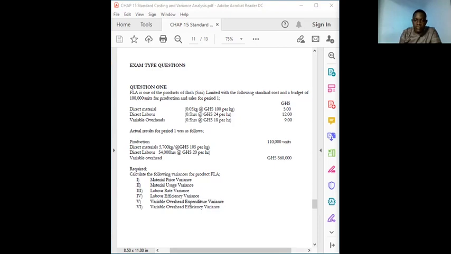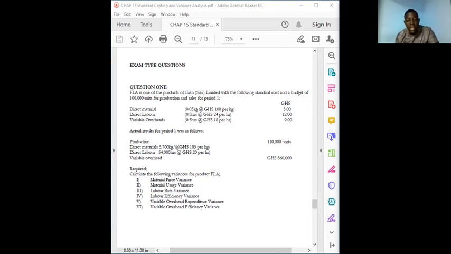Material usage variance is equal to the actual quantity minus the standard quantity, measured at the standard price.